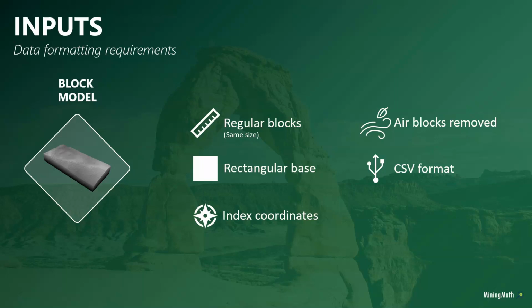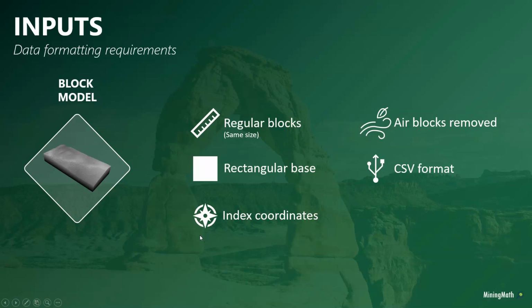We need ideally this rectangular base, not missing blocks, like some users often want to import an already optimized pit. That's not ideal here because you're losing potential of the technology.